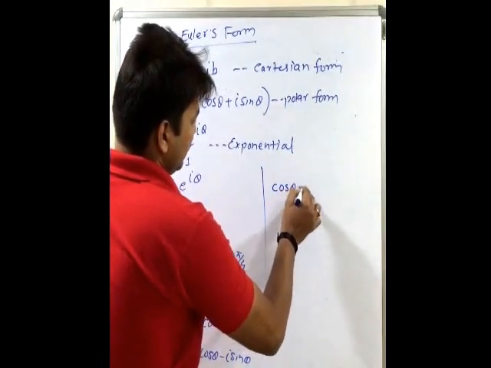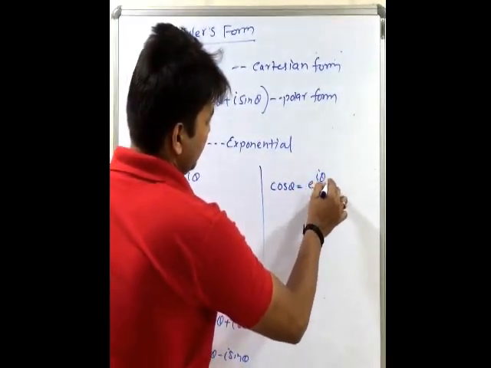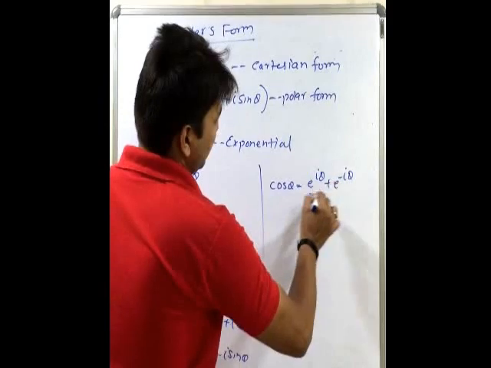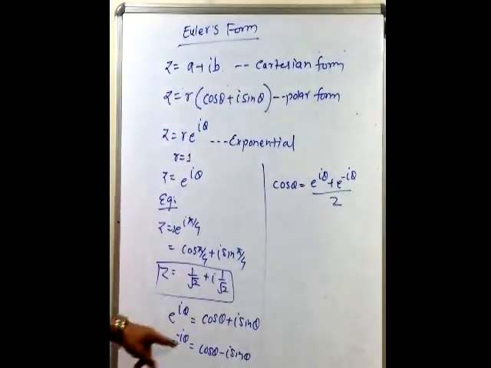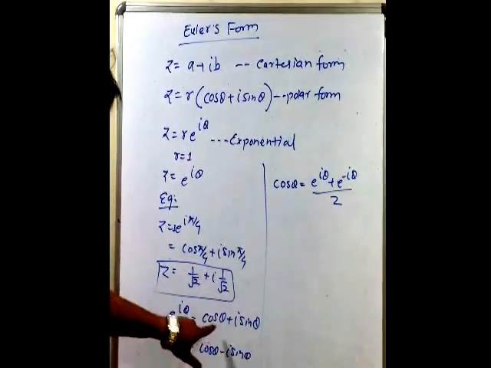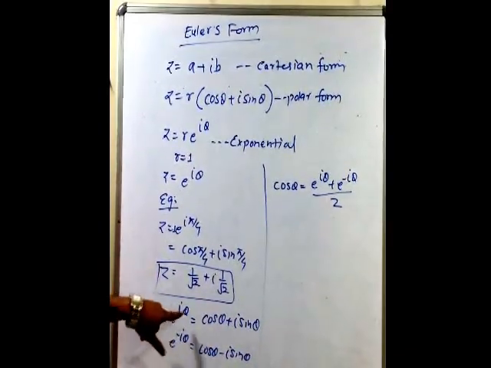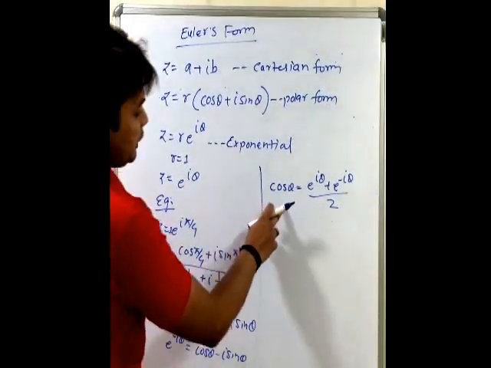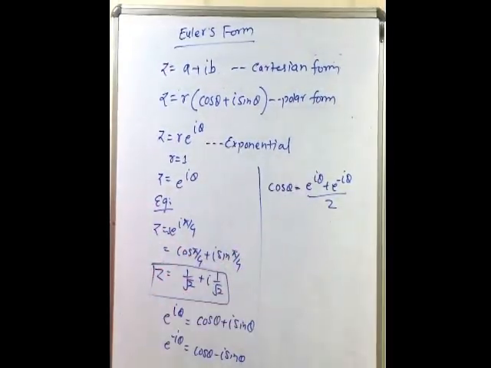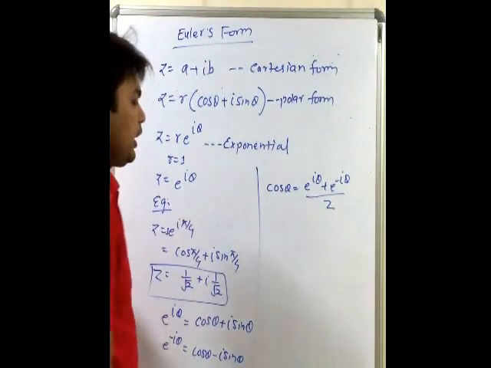Cos theta will become e raised to i theta plus e raised to minus i theta divided by 2. If you add these two, then the sin terms get cancelled. So 2 cos theta equals e raised to i theta plus e raised to minus i theta. So the 2 gets transferred, and cos theta is equal to e raised to i theta plus e raised to minus i theta, divided by 2, right?